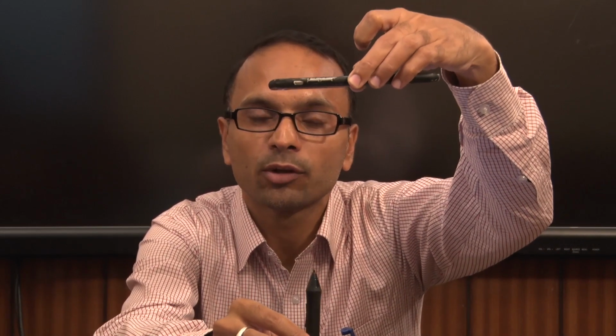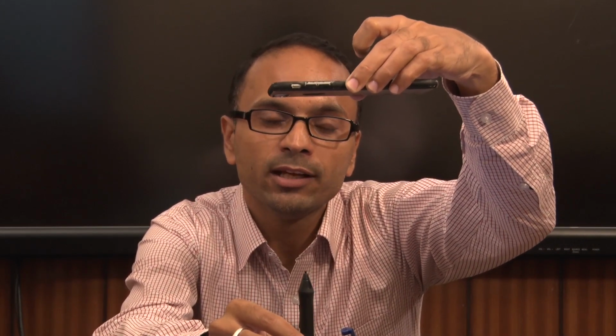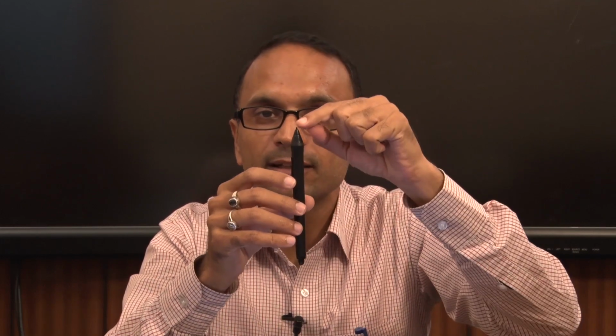So, put it on your table like this, and then try to acquire the photograph like this and try to see how this point, the bottom of the pen and the top of the pen, has shifted in the image. Because of the height of the pen, you will find out that this point has shifted in the image outwardly from the principal point. Fine, that is the idea here.